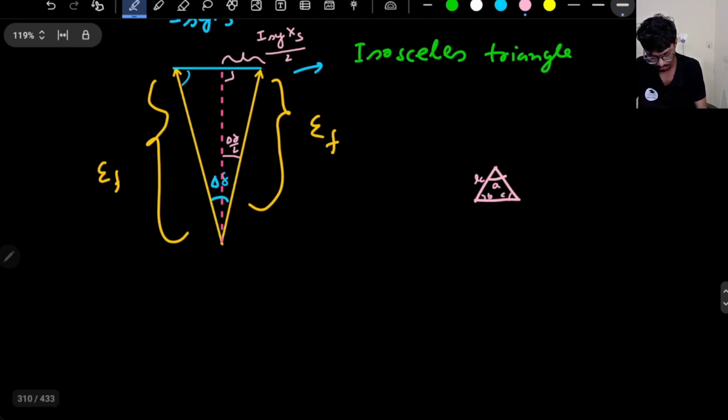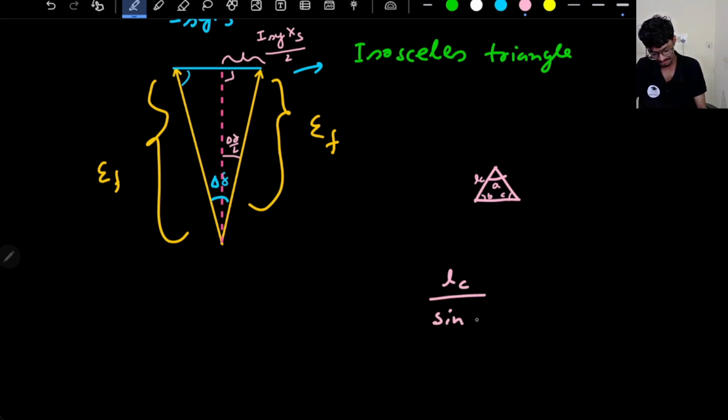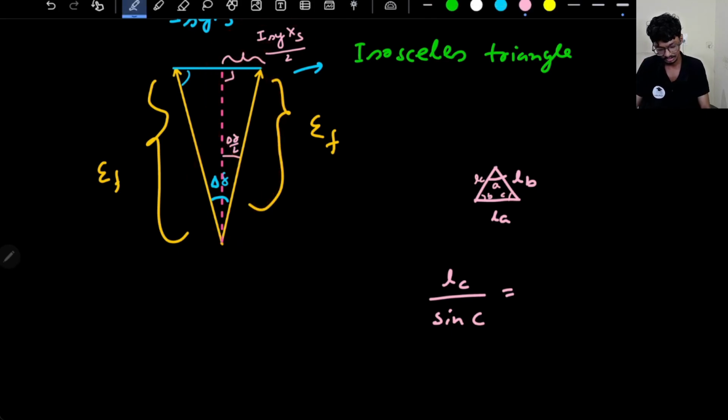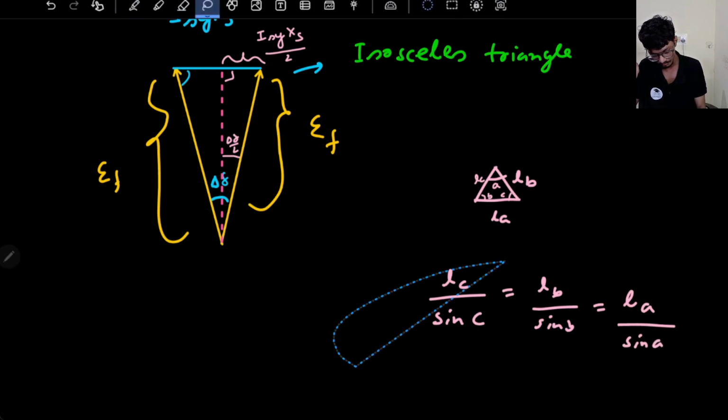So I can write that length LC divided by sine of angle C will be equal to the opposite length LB, LA. This is a very basic property of a triangle. I hope you remember. Even if you don't remember, you can still solve it with Pythagoras. But this is a very basic property of a triangle. LB upon sine B will be equal to LA upon sine A, you can write it the other way around as well.